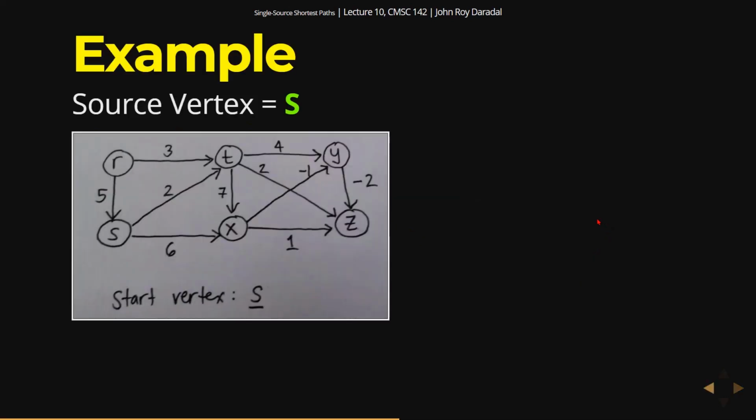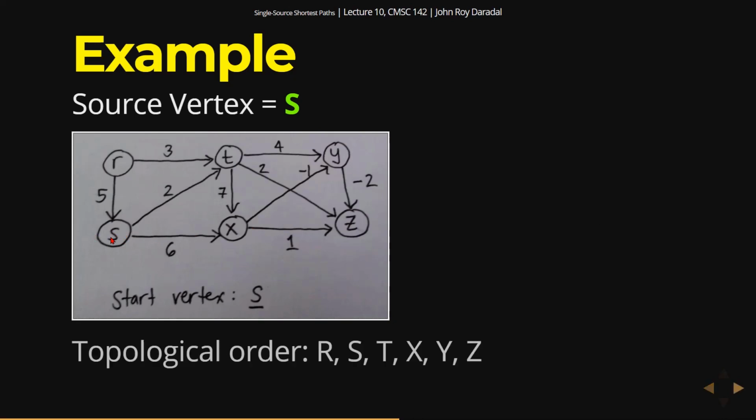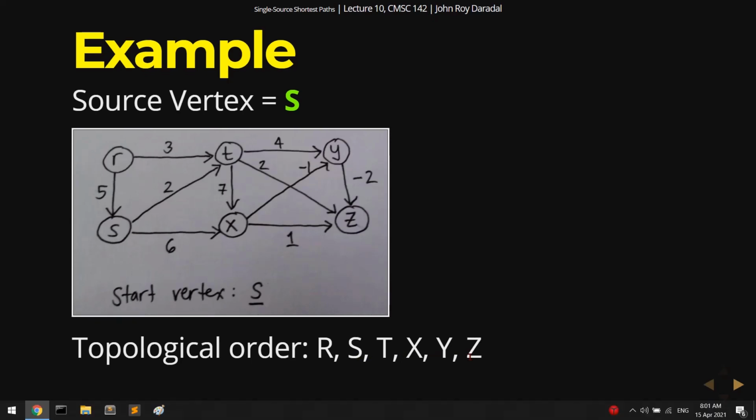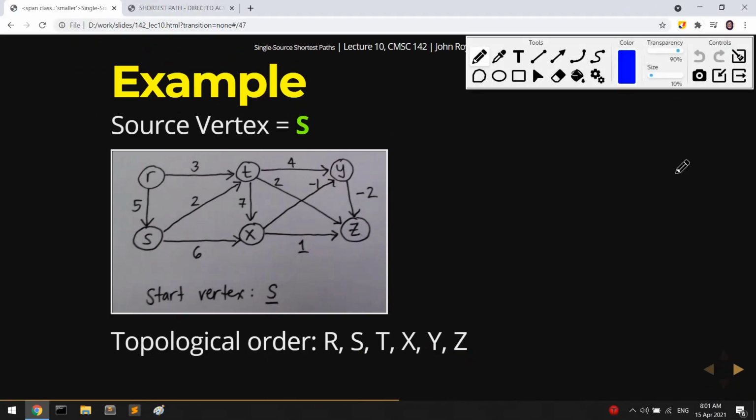And let's see an example. Okay, let's say that our source vertex is S, and if we topologically sort this, it would be R, S, T, X, Y, Z, right?